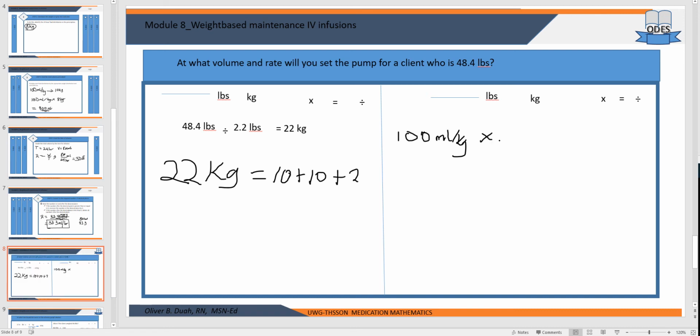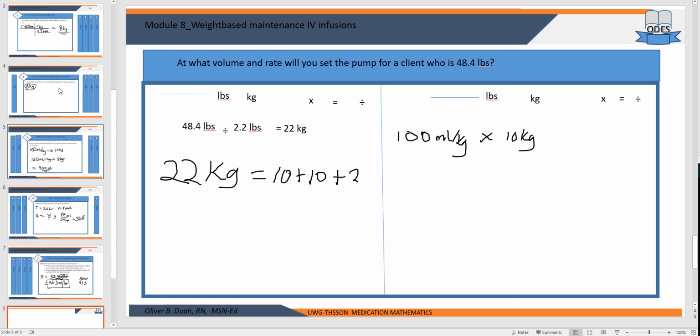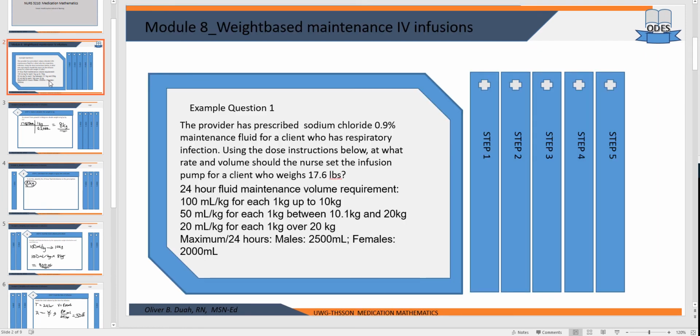So we have times 10 kilograms, and then the question also says that for the next 50 ml we give that for each kilogram between 10.1 up to 20 kilograms.